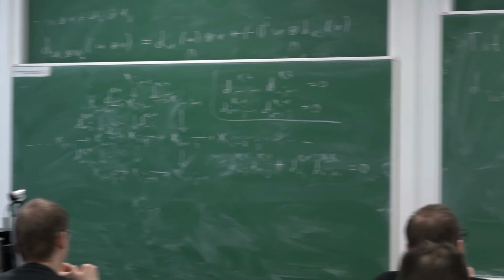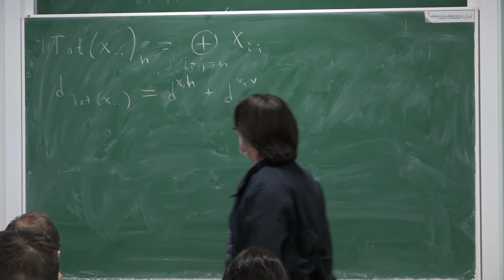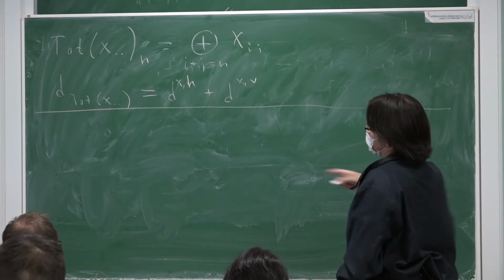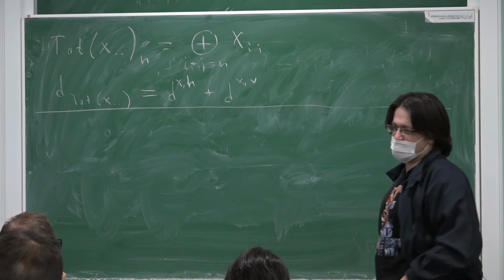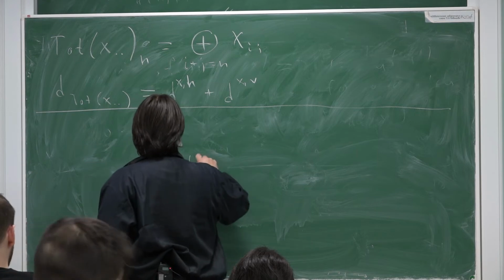So now the tensor product complex can be constructed in two steps. First, you construct the tensor product double complex, where X_ij is U_i tensor V_j.